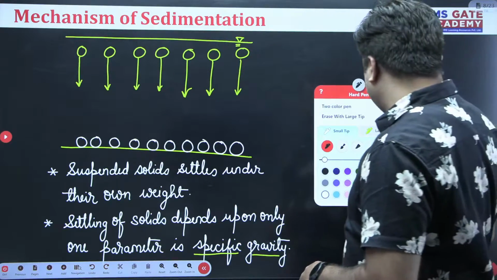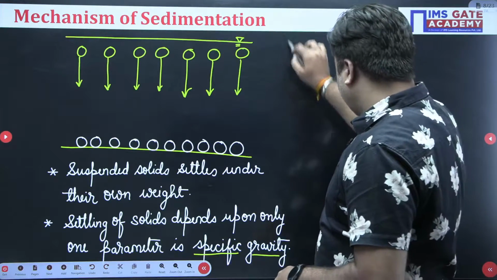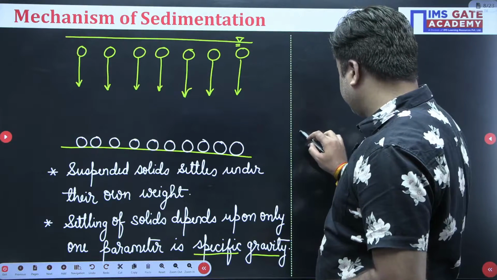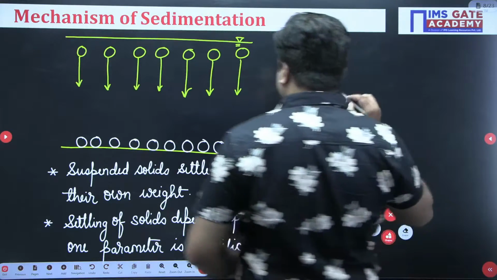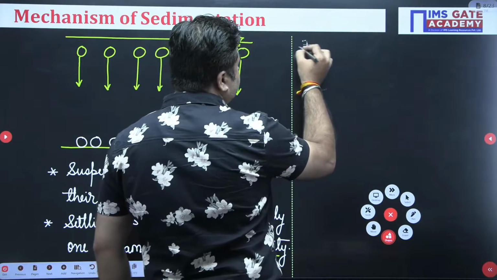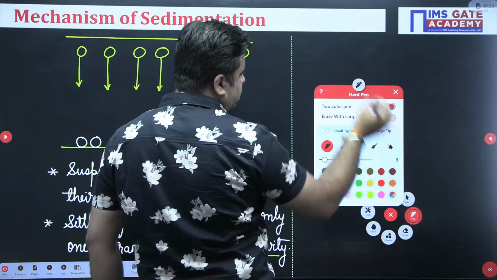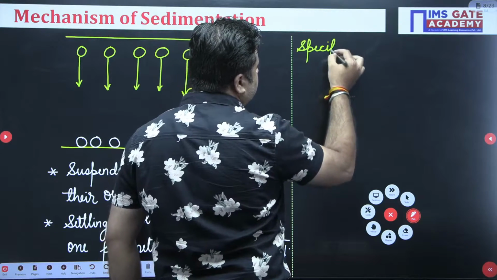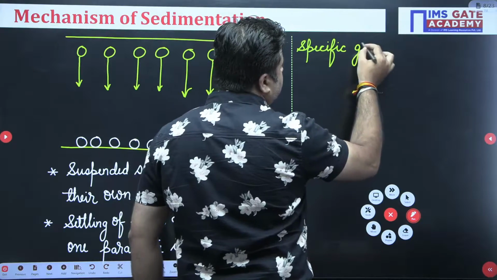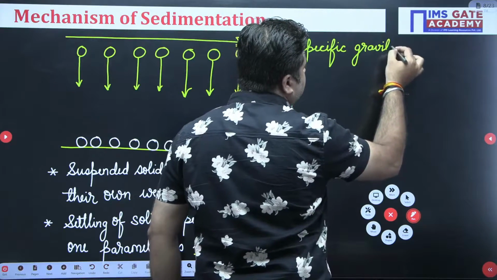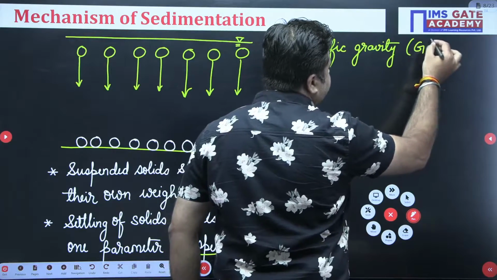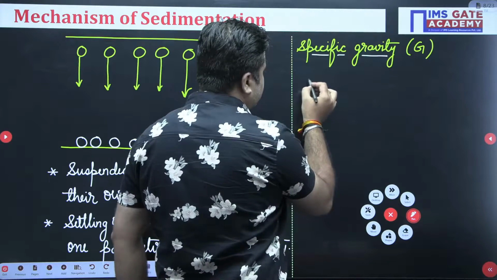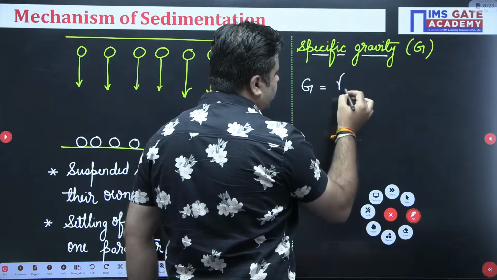A specific gravity is simply the ratio of unit weight of solid to the unit weight of water. A specific gravity G is simply the ratio of unit weight of solids to unit weight of water.